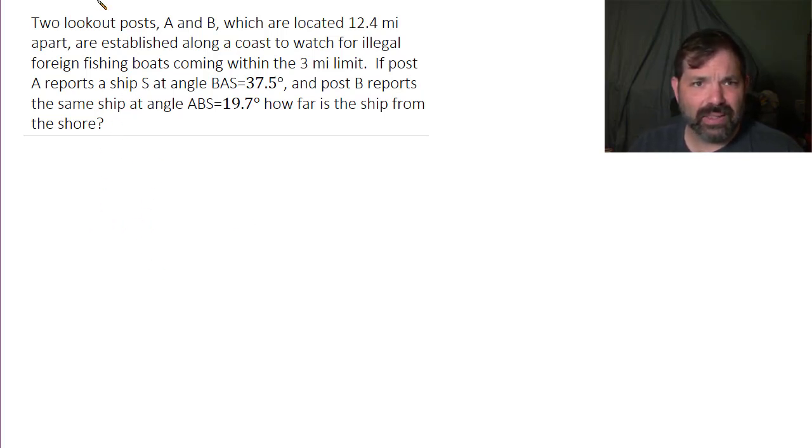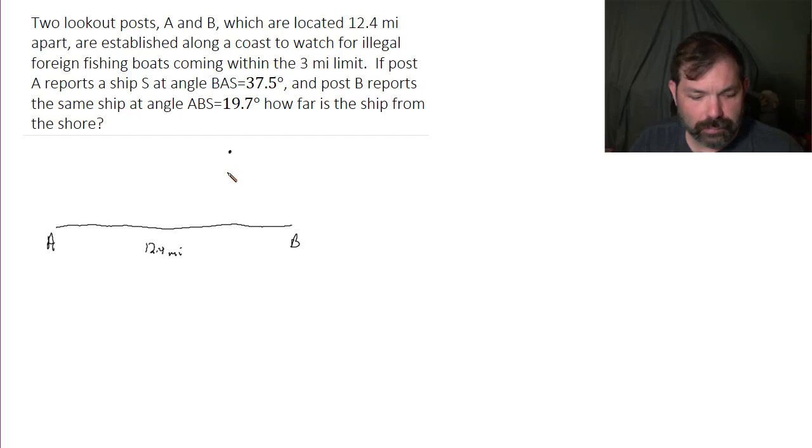Well, let's diagram this. We've got the shoreline. So there's A and there's B, and we know that they're 12.4 miles apart. And there's some ship S out here. And post A reports the ship S at angle BAS.